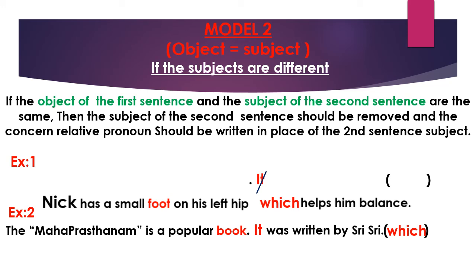Now let's move to the second example for model 2, object subject model. The Mahaprasthanam is a popular book. Full stop. It was written by Sri Sri. Combine the sentences using which. The object of the first sentence and subject of the second sentence are the same. Here it refers to book.